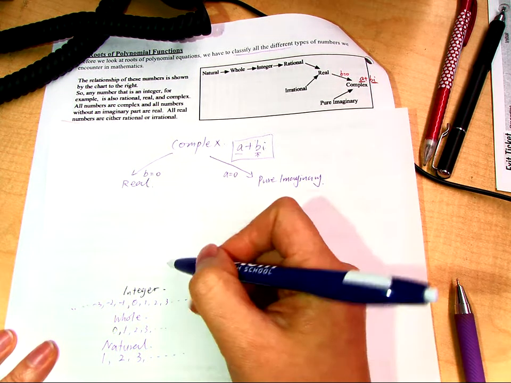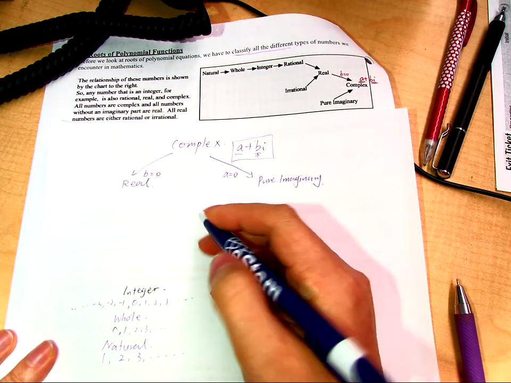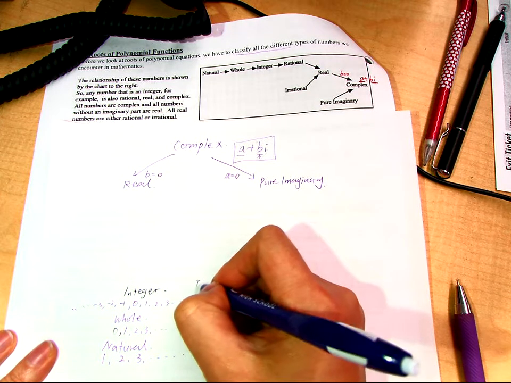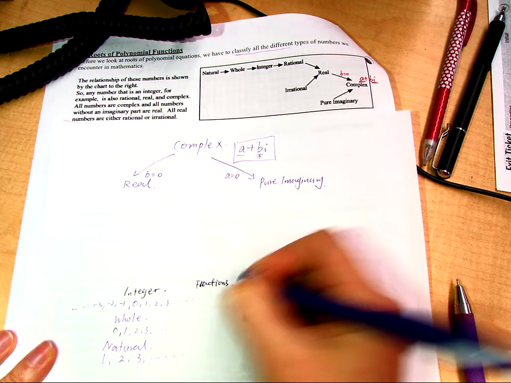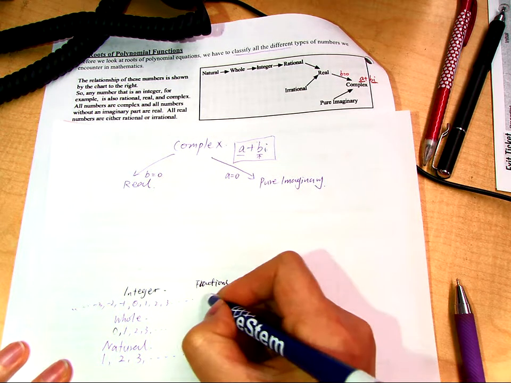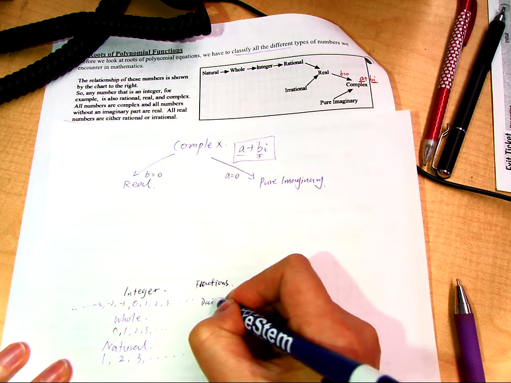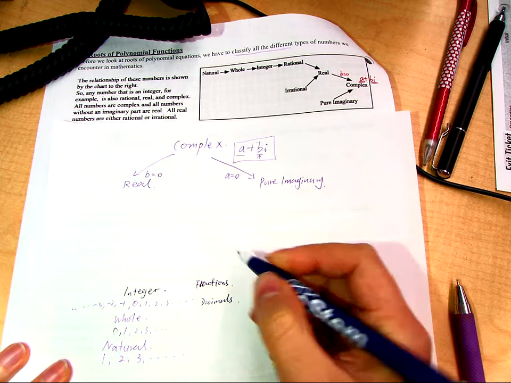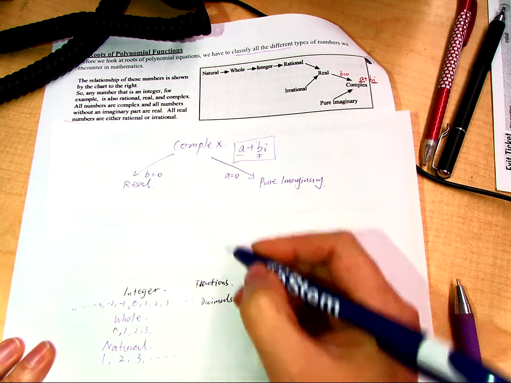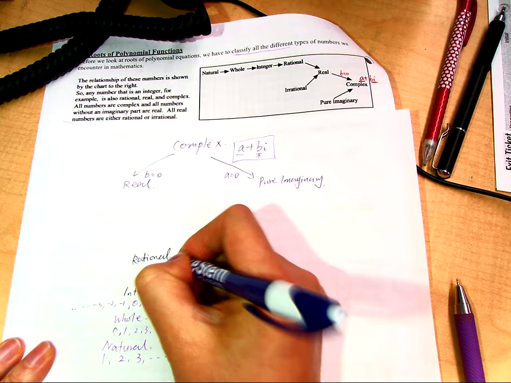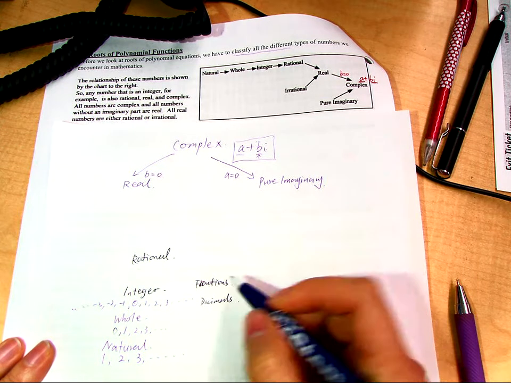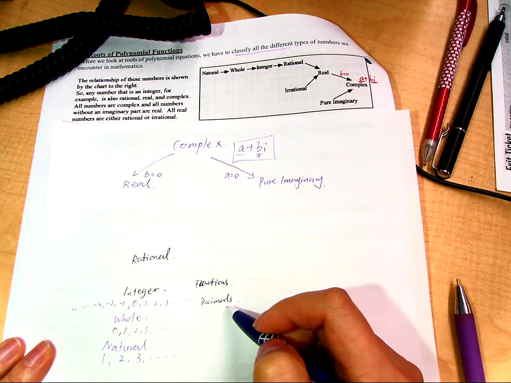And if we have all the integers plus some fractions and also some decimals, we call those numbers rational numbers. But not all decimals are rational.